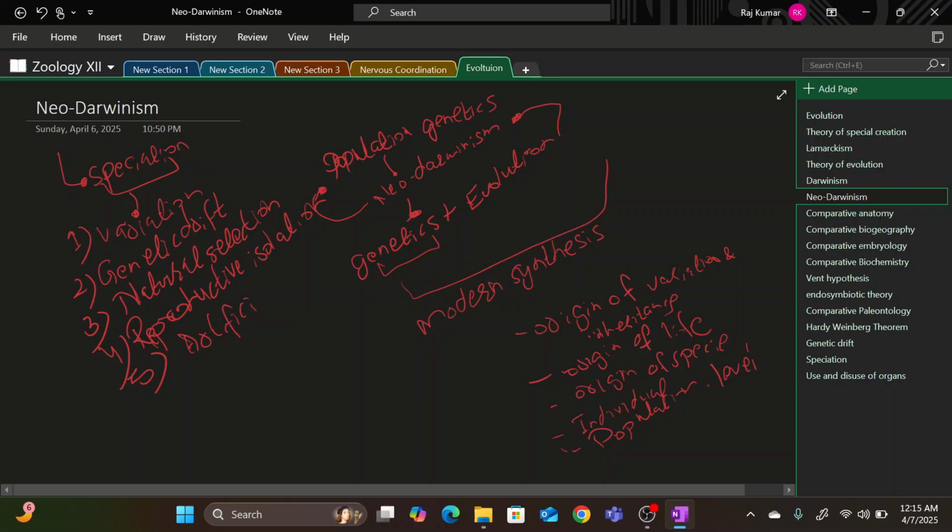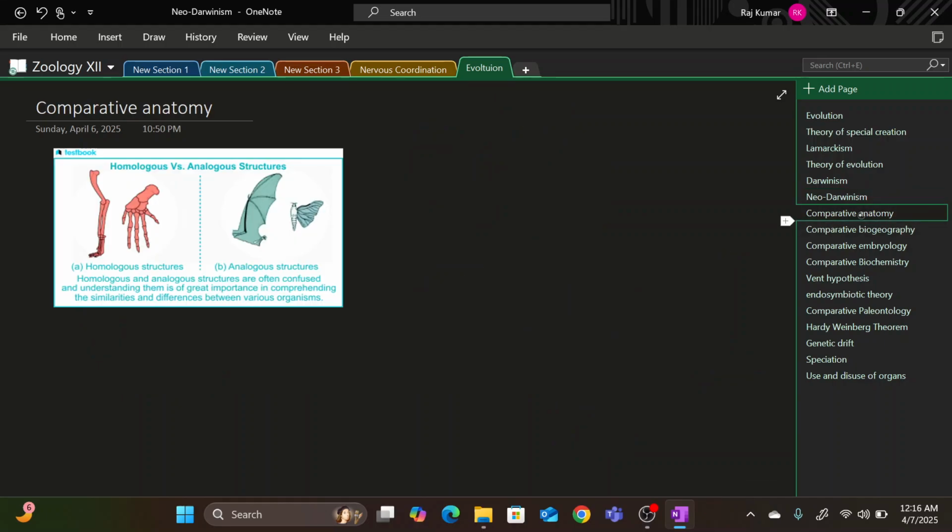These are certain factors, certain principles basically, on which neo-Darwinism is based.